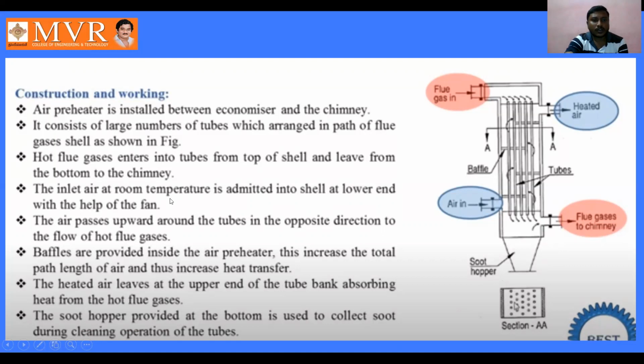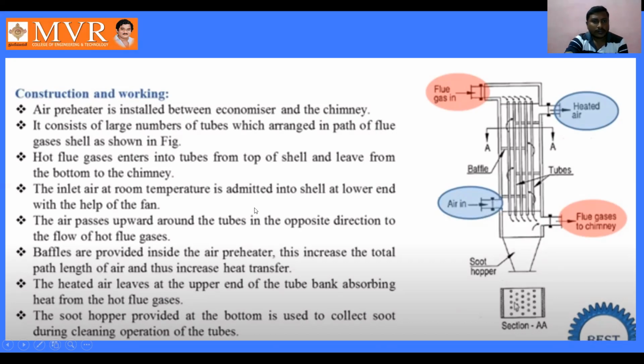The inlet air at room temperature is admitted into the shell at the lower end with the help of a fan. The air which we pass into this chamber is at room temperature.